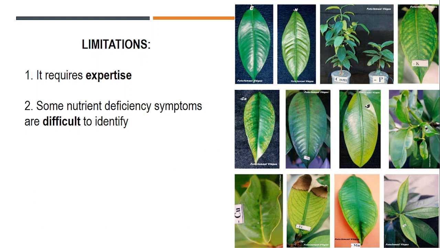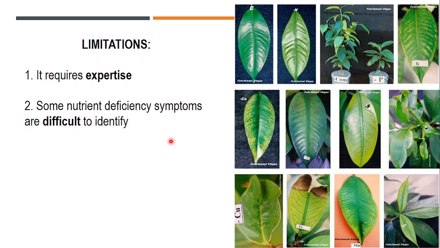This technique also has limitations. First and foremost, it requires expertise. This is because some nutrient deficiency symptoms are difficult to identify, and some nutrients have similar or almost similar nutrient deficiency symptoms.